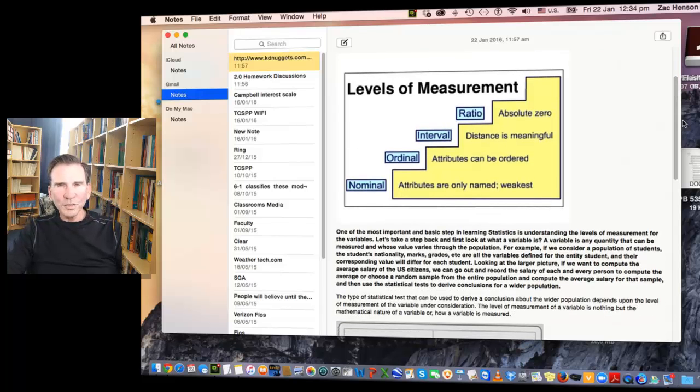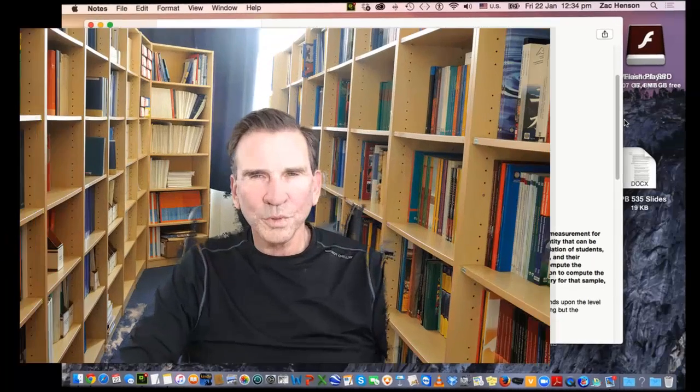The levels of measurement, as they use and describe it, have four characters. They have nominal, ordinal, interval, and ratio. And in those four levels, we'll get into further detail as we move on.